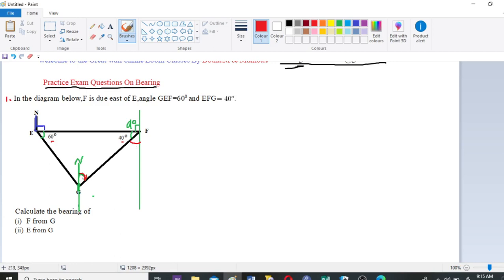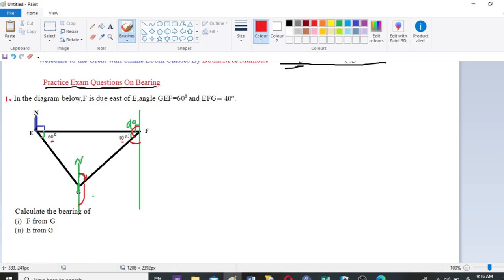Then look at this other side, from here up to there. These are also alternate interior angles, from class 1 and class 2. Please, if you haven't watched, go back and watch so that you can catch up. You need that knowledge.